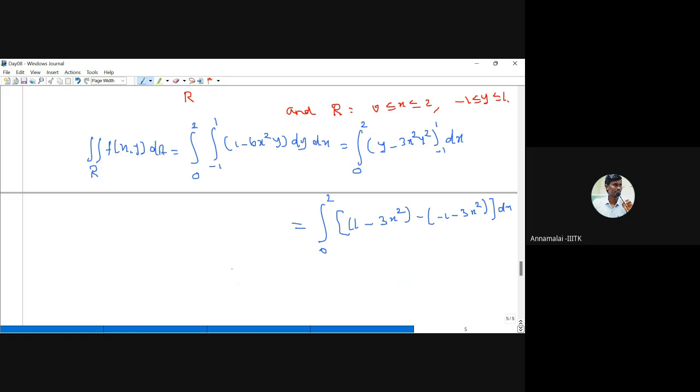Now if you simplify, this is the integral from 0 to 2 of 1 minus 3x square plus 1 plus 3x square dx. So 3x square cancels, we have 2. If we integrate, we get 2x from 0 to 2. Therefore, we get just 4. So 4 is the volume of this region.